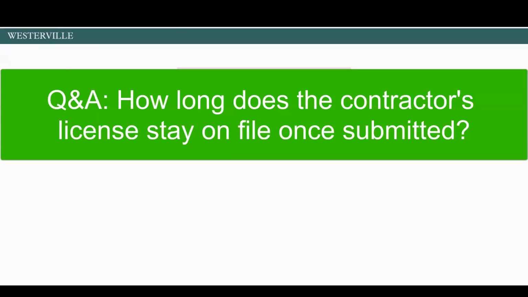How long does a license with the city stay on file? For a registered licensed contractor by the state, the state will give the contractor the expiration date. So we will enter the expiration date based on what the state provides.